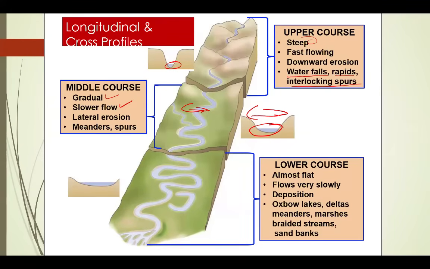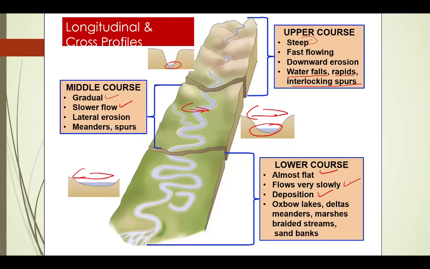And then we have the lower course. What is happening in the lower course? The river is almost flat. And what is happening there? The river is flowing very slow.